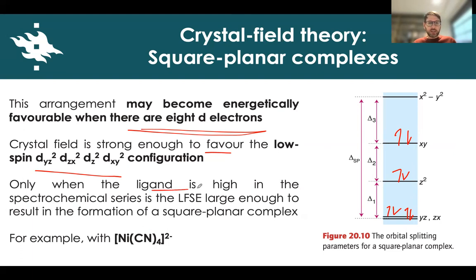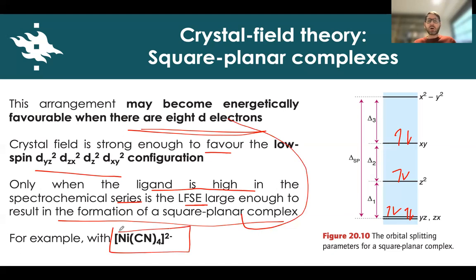So only when the ligand is high in the spectrochemical series is the ligand field stabilization energy large enough to result in the formation of the square planar complex with 8 electrons. For example, this complex of nickel.